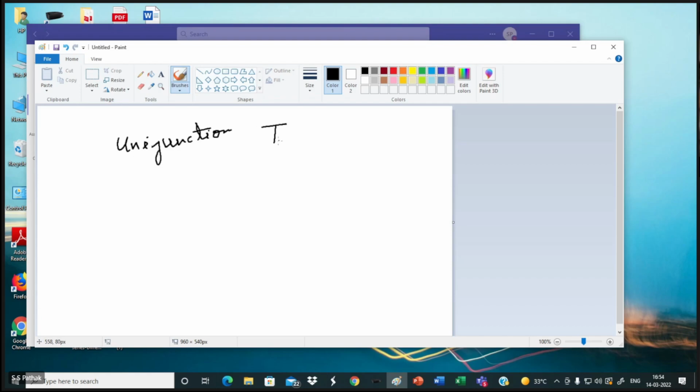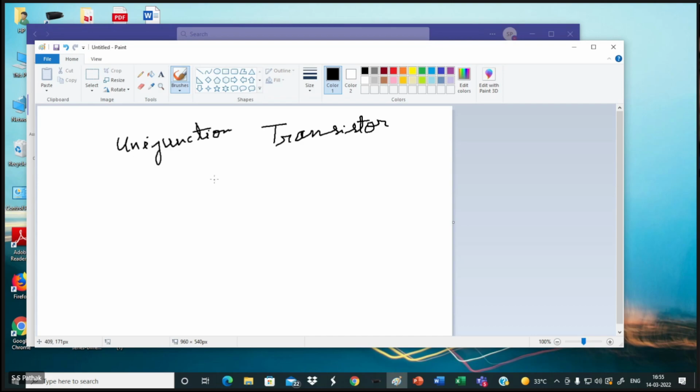It is not a diode. That means the three terminals should behave like three independent terminals of the BJT or FET, whatever you have learned. So it is the uni-junction transistor. This will exhibit the negative resistance property.